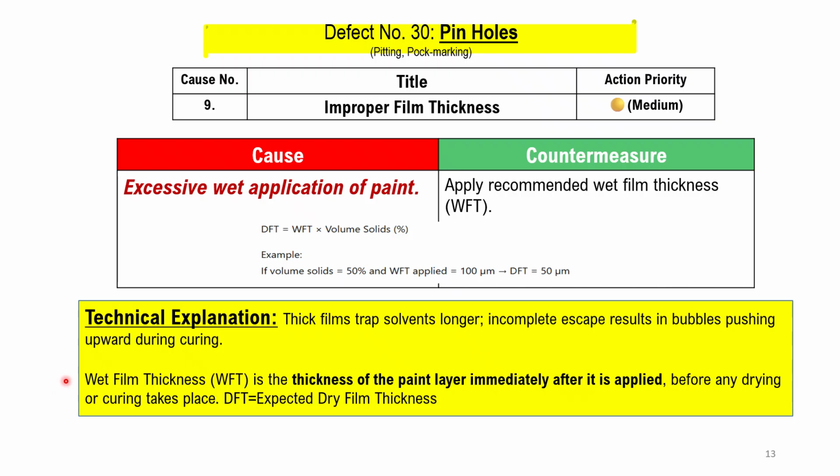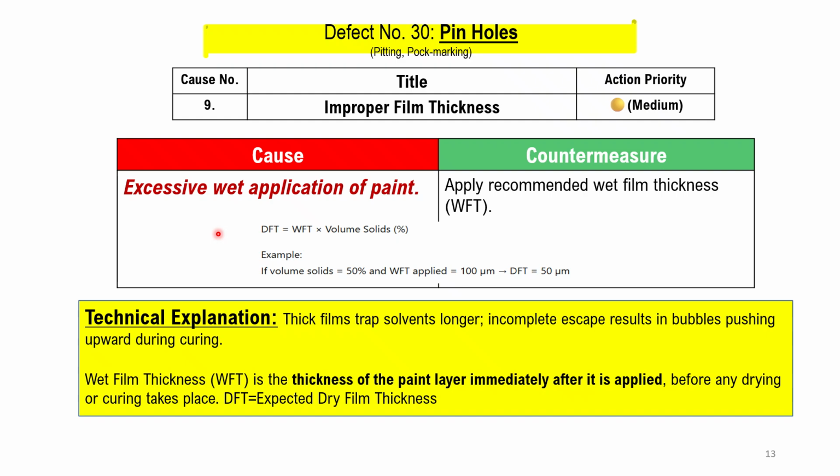Wet film thickness is the thickness of the paint layer immediately after it is applied, before any drying or curing takes place. DFT is the expected dry film thickness. Therefore, dry film thickness is equal to wet film thickness times volume solids percent.